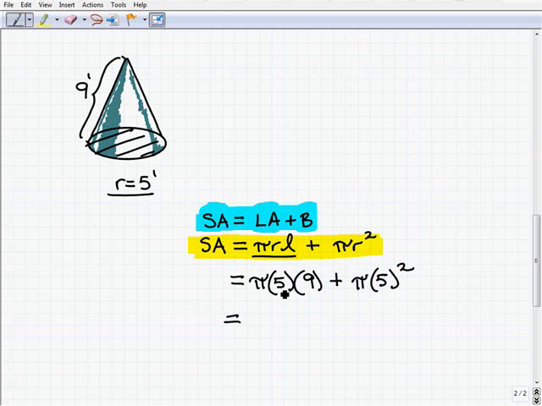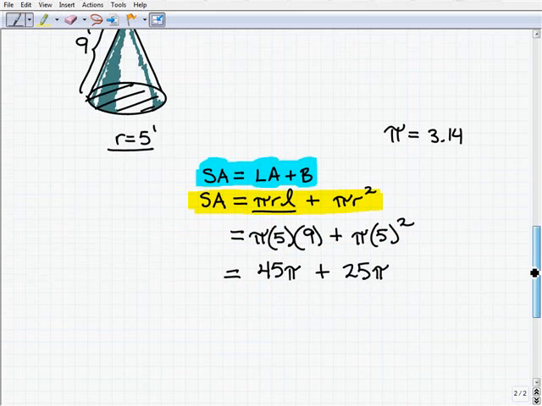I'm going to start you off by saying 5 times 9 is 45 times pi, and we'll just use 3.14 as the value of pi, plus 5 squared is 25 times pi. Before you multiply each individual number by pi, you can simply add 45 and 25, and that would be 70 pi.